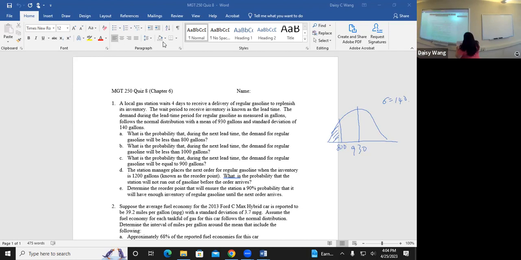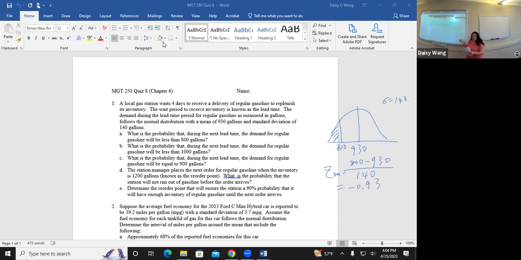For question 1A, the z-score of 800 will be equal to 800 minus 930 divided by the standard deviation, 140. So this will be negative 0.93.